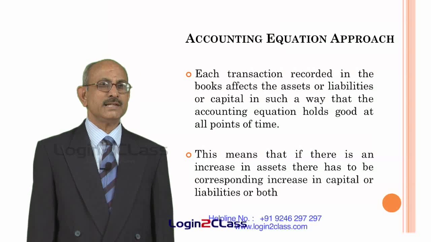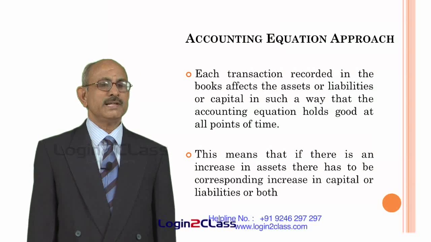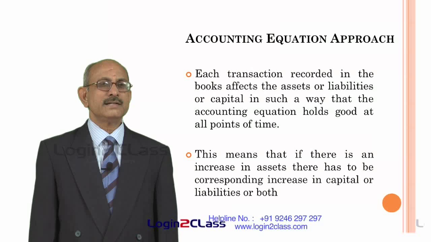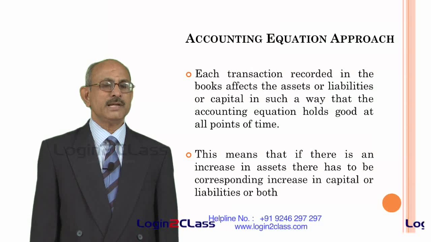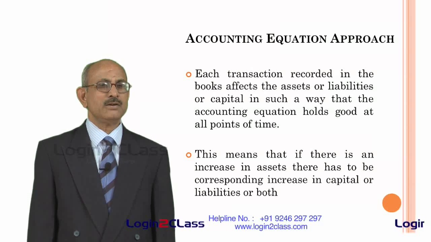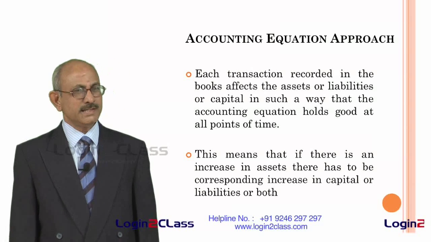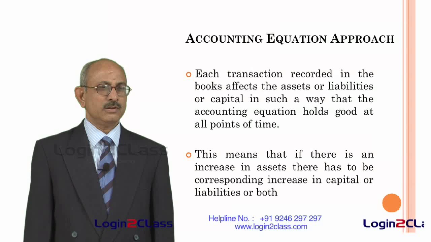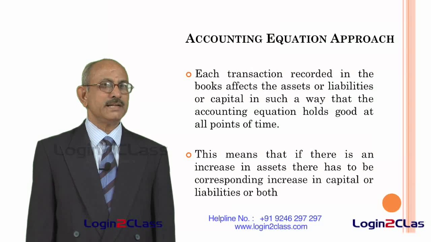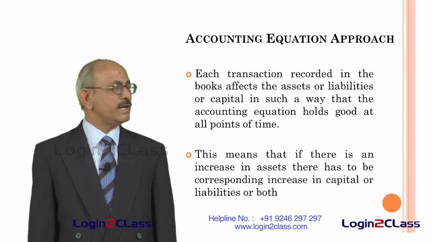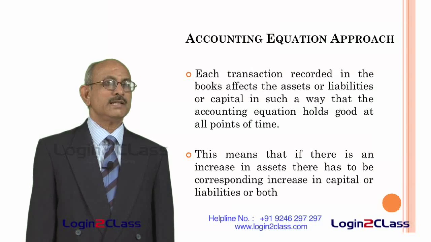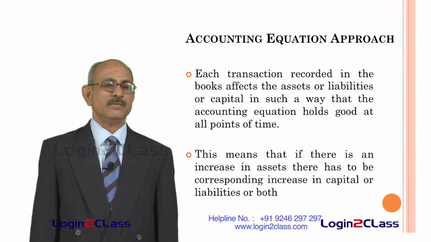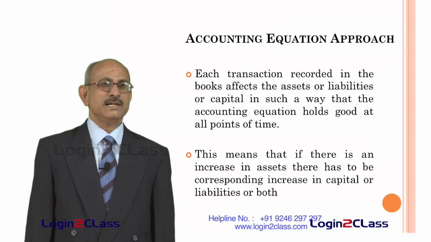If there is an increase in assets, then there has to be an increase on the right hand side also. That is, there must be an increase in liabilities and or capital. Similarly, if there is a decrease in assets, the right hand side has to go down. Or if there is an increase in assets, then there has to be a corresponding decrease in assets, so that the left hand side remains the same and there is no need for a change in the right hand side.